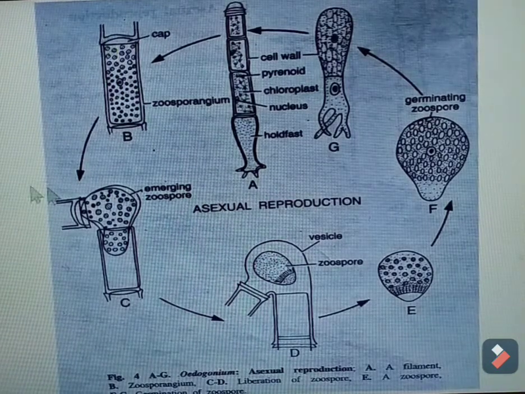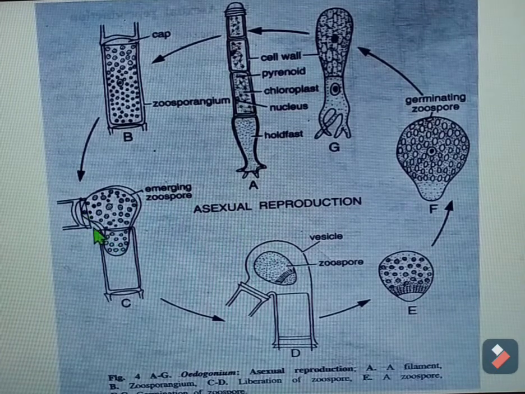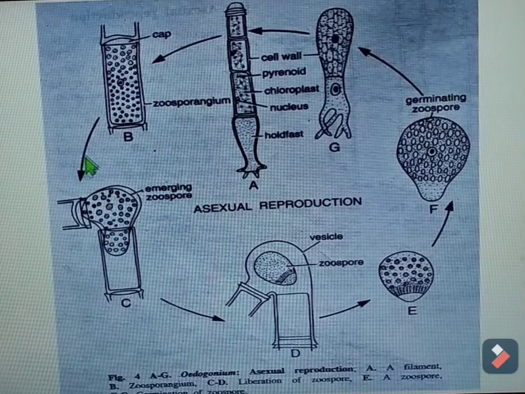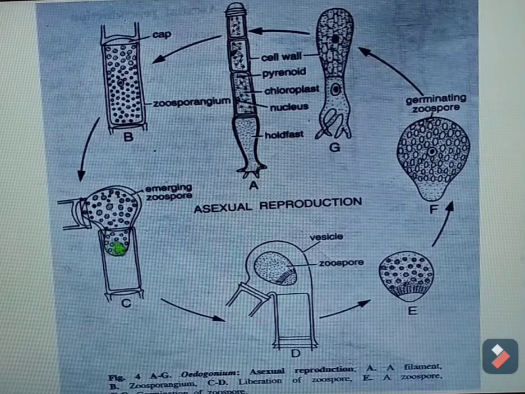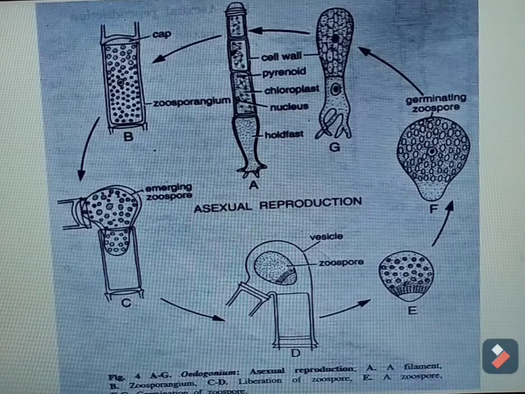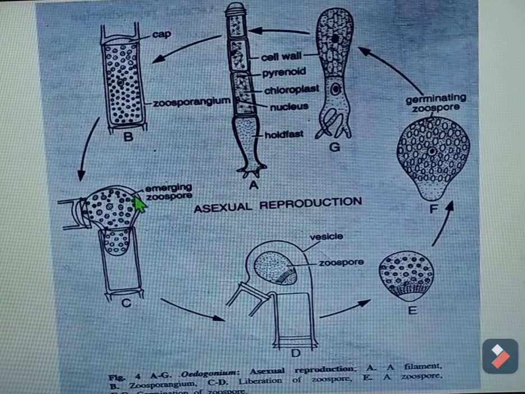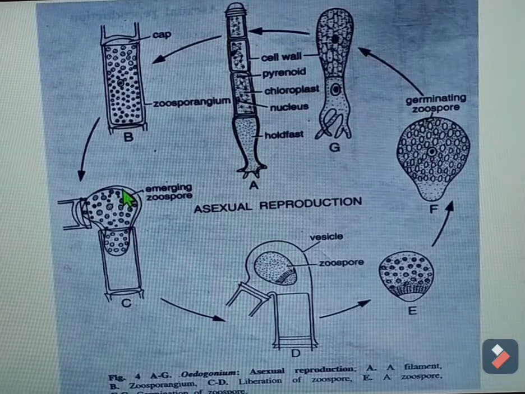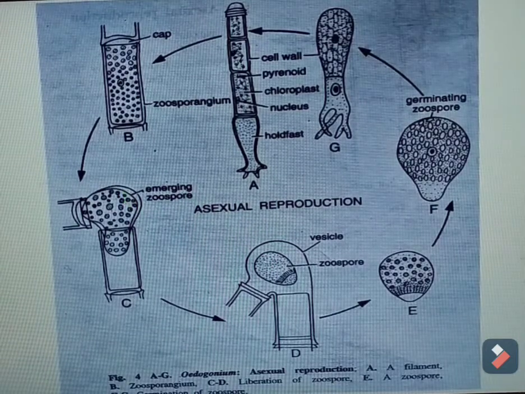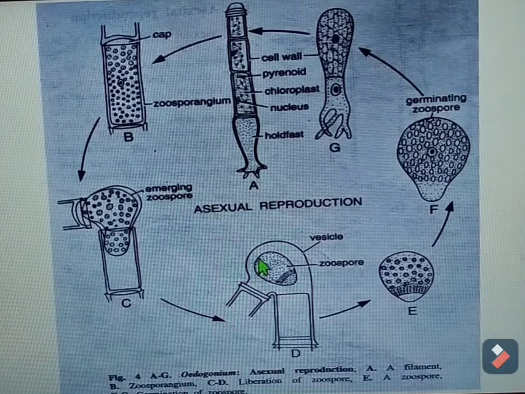A small lens-shaped hyaline area develops on one side of the protoplasm, which eventually becomes the anterior end of the zoospore. You can see this part here; this is the hyaline area, the translucent area which will act as the anterior end of the zoospore.